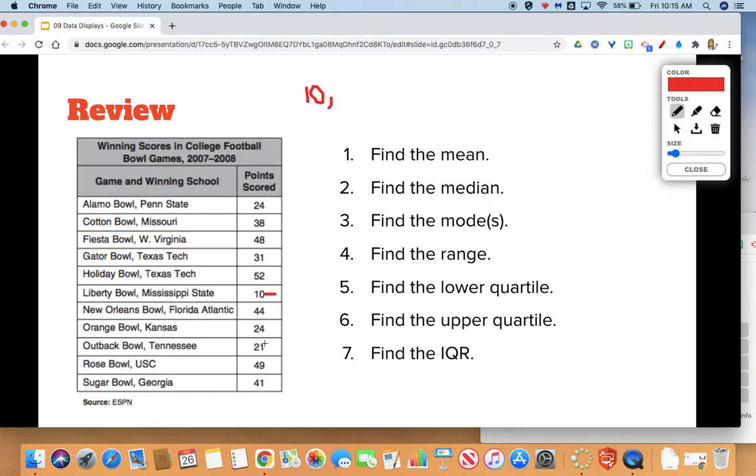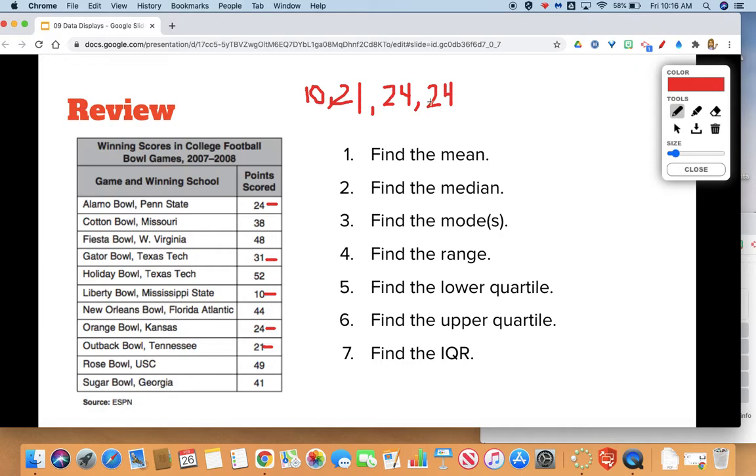I don't see any more numbers in the 10s, but I do see some 20s. I have a 21, 24, another 24, no more numbers in the 20s that I see.